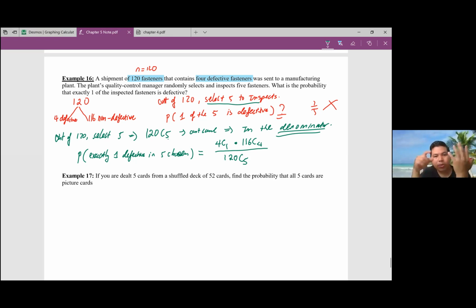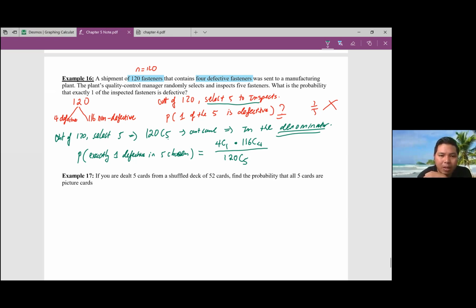If we choose 1 from the defective group, we have 4 left to choose. Where do those 4 have to come from? The rest of them, the pile of good ones, and there are 116. So we have to choose 1 from the defective group and 4 more from the non-defective group. That's the logic.